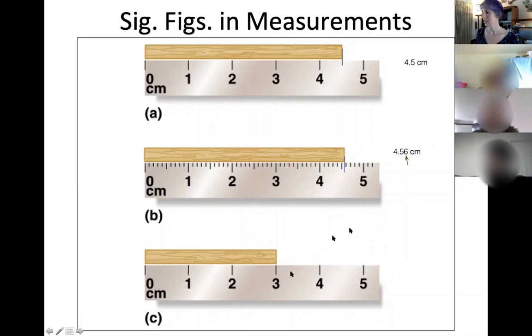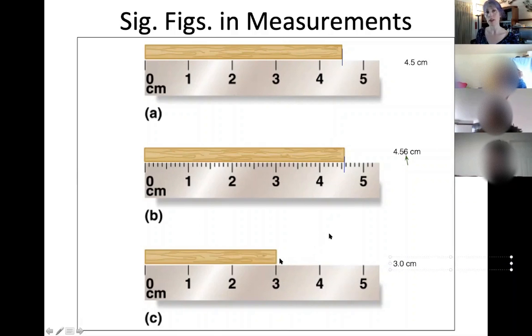All right, C. What would our value be for C? Looks like you've got that right. So here, would 3 centimeters do it? We have to go to 1/10 of the smallest marking. So we would have to show that 0. That looks like it's right on the line.